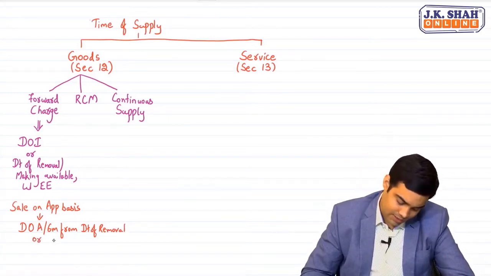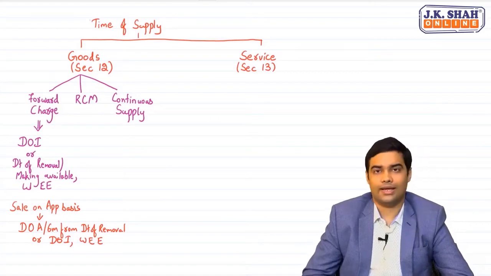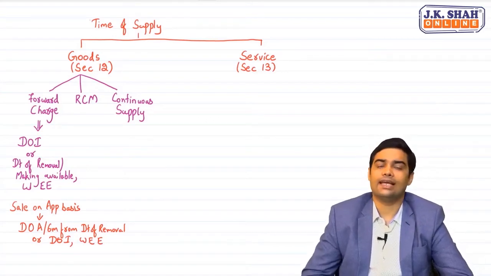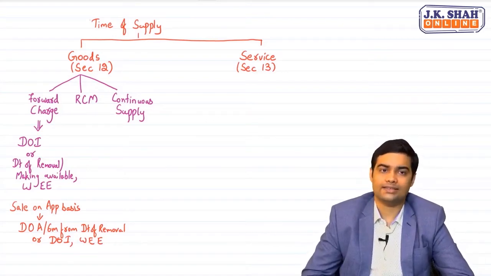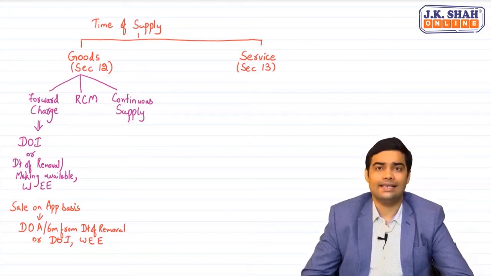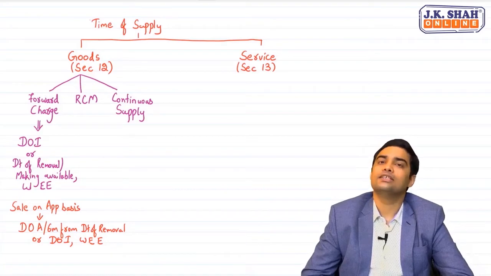And we will compare it with date of invoice, and whichever is earlier would become the time of supply. So this is in case of sale on approval basis. Because in case of sale on approval, we cannot use removal or making available. So the law has provided acceptance / 6 months from the date of removal.